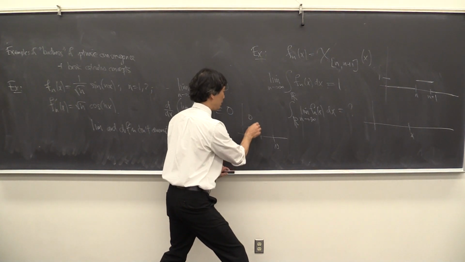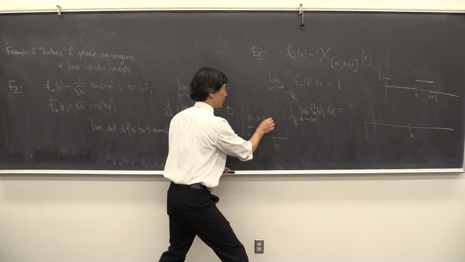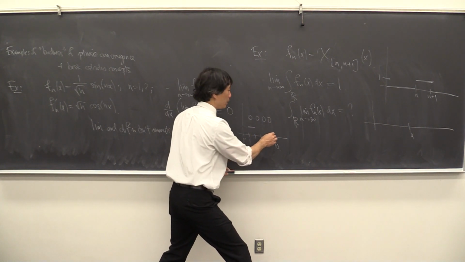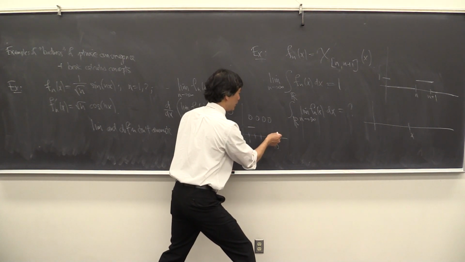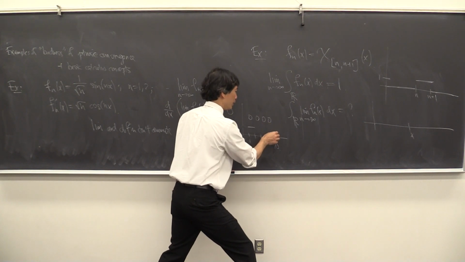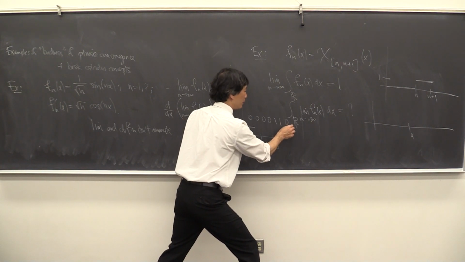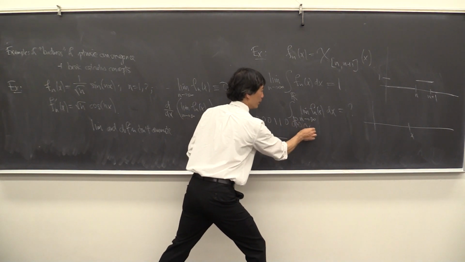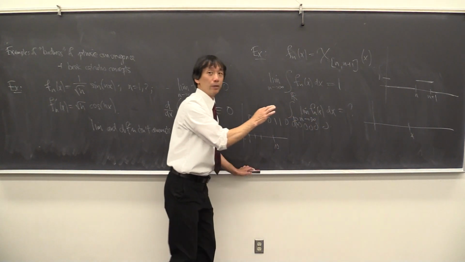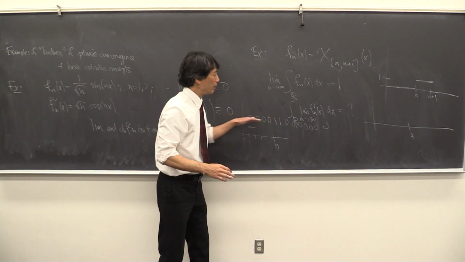Are you in [2, 3]? No. Are you in [3, 4]? No. Are you in [4, 5]? No. At f9, it'll say, are you in [9, 10]? Yes. Are you in [10, 11]? Yes. Are you in [11, 12]? No. [12, 13]? No. So the limit is 0.